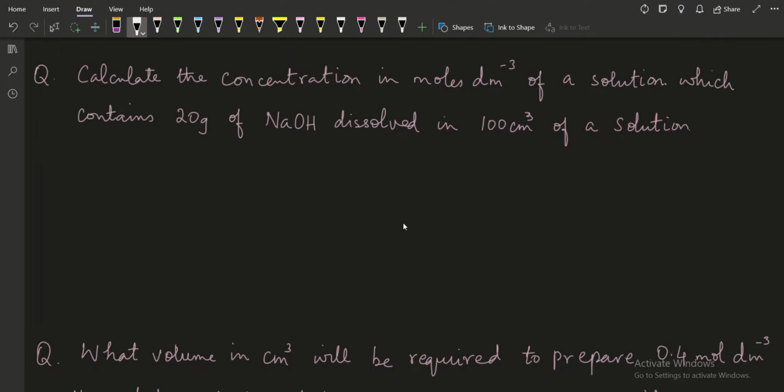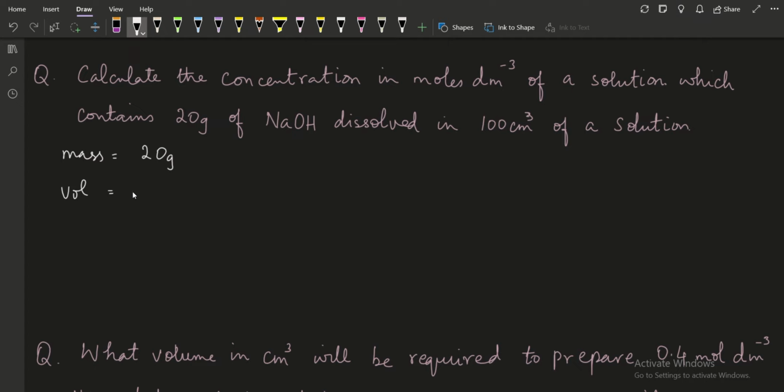Alright, now let's calculate the concentration in moles per cubic decimeter of a solution which contains 20 gram of sodium hydroxide dissolved in 100 cubic centimeter of a solution. Again, we are going to write the data. We are given mass, and this is 20 gram. Volume is also given.